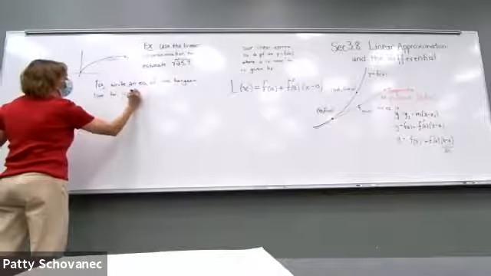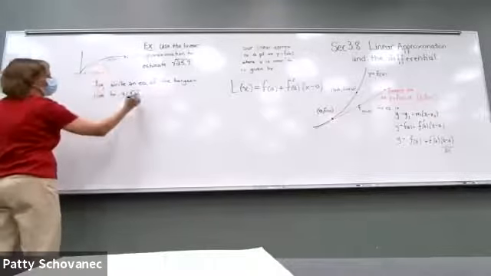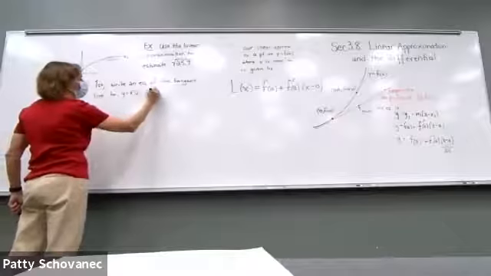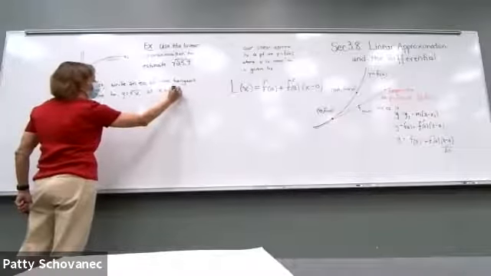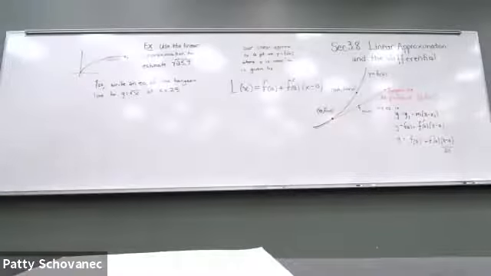What's that point label? 25, square root of 25. So first, write the equation of the tangent line to y is equal to the square root of x at x is 25.